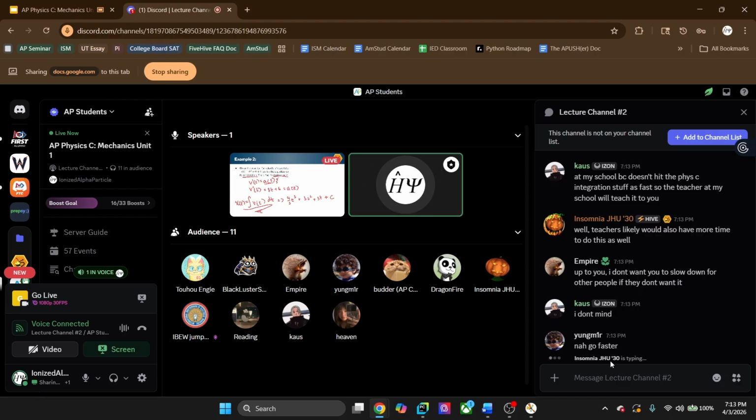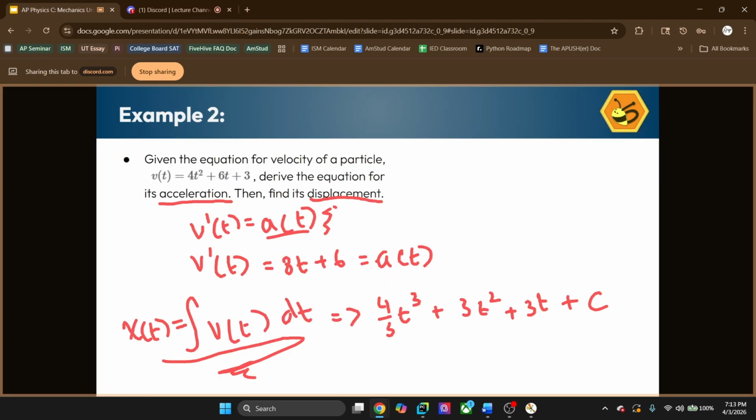I'll keep the pace I'm at right now then, and just for the sake of explaining it more, the rule I used here is the power rule of integration. If you have a times t to the n, and you're trying to integrate this, the power rule says the integral is a times t to the power of n plus 1, over n plus 1.